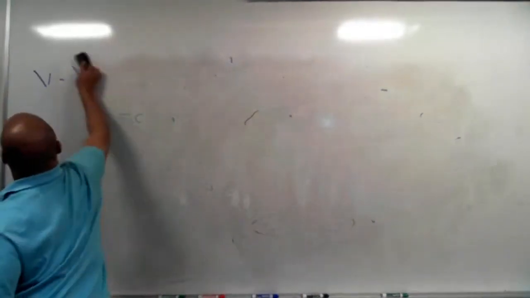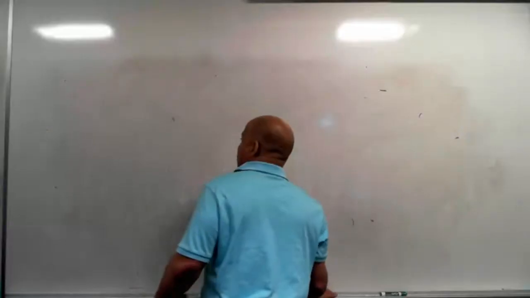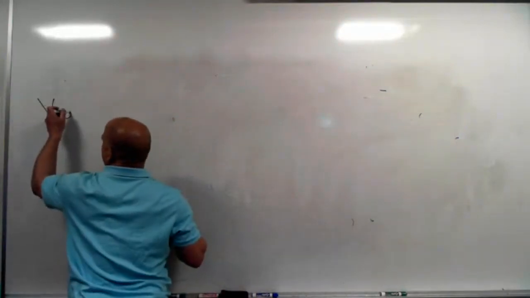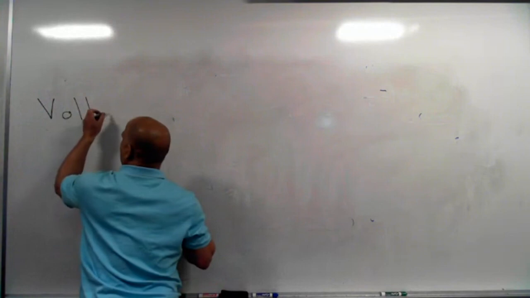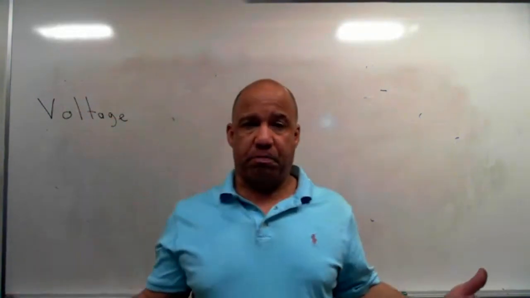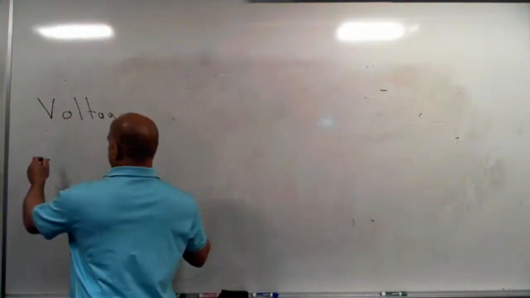I want to talk about an electric circuit. So we talked about voltage. I gave you a definition of voltage. All voltage is charge that's been separated. Voltage is a separation of charge. We talked about current.